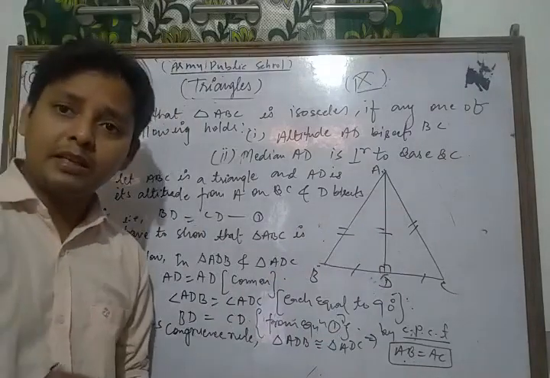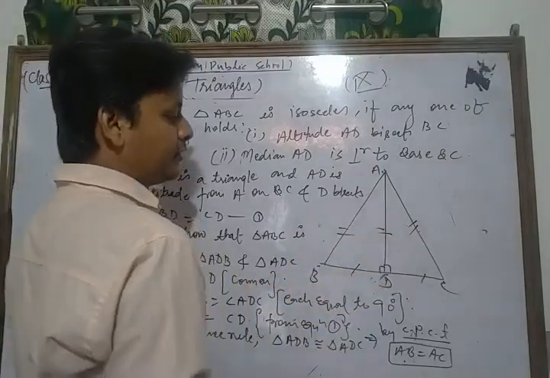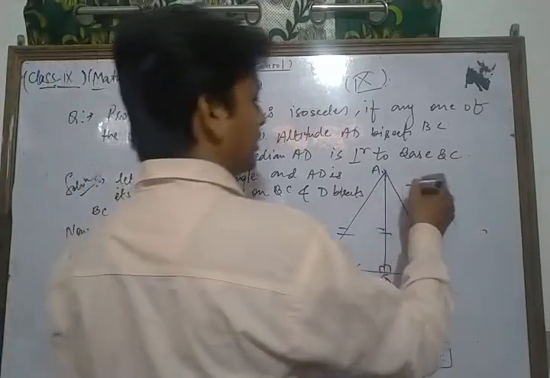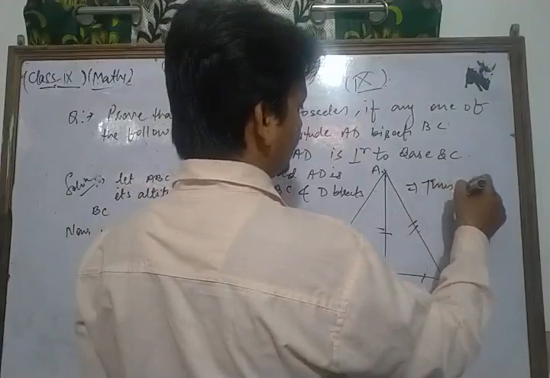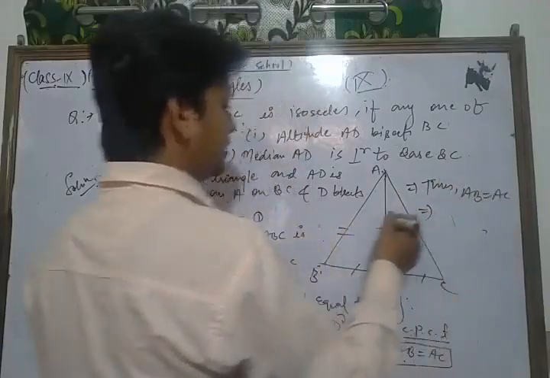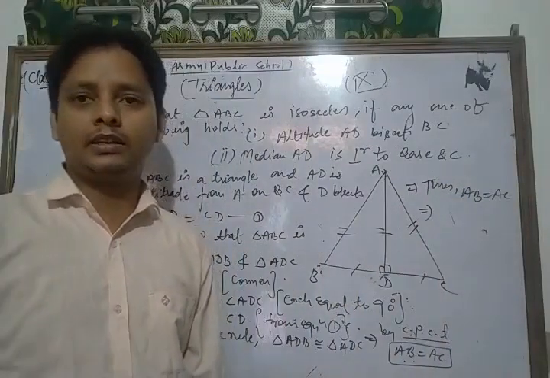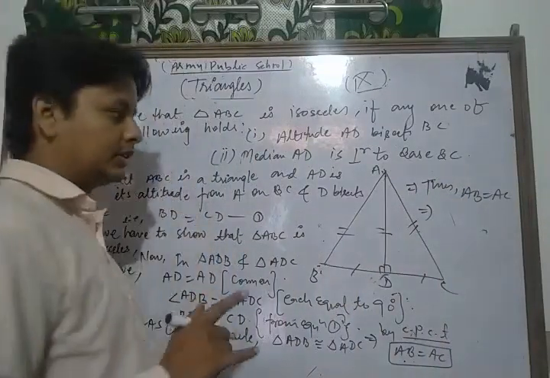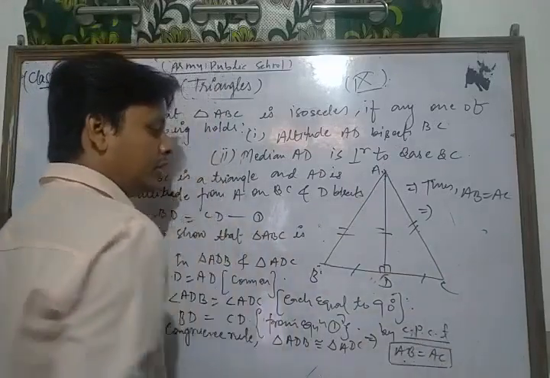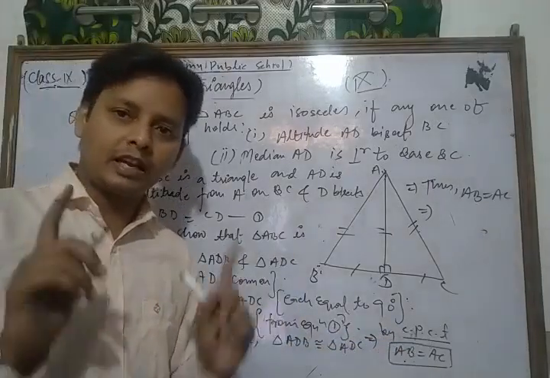AB is equal to AC means that, dear students, we can say that triangle ABC is an isosceles triangle. If in any triangle two of its sides are equal to each other, then that triangle is what? Isosceles. So we have to show that AB is equal to AC. By CPCT, corresponding parts of congruent triangles are always equal.